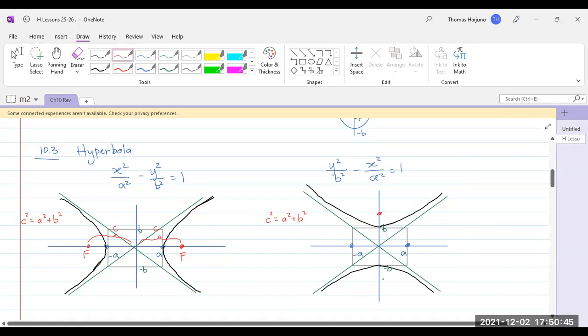The distance from the center is the same as what we had earlier, so these are C units. I hope that's good enough, a brief review of what we learned there.